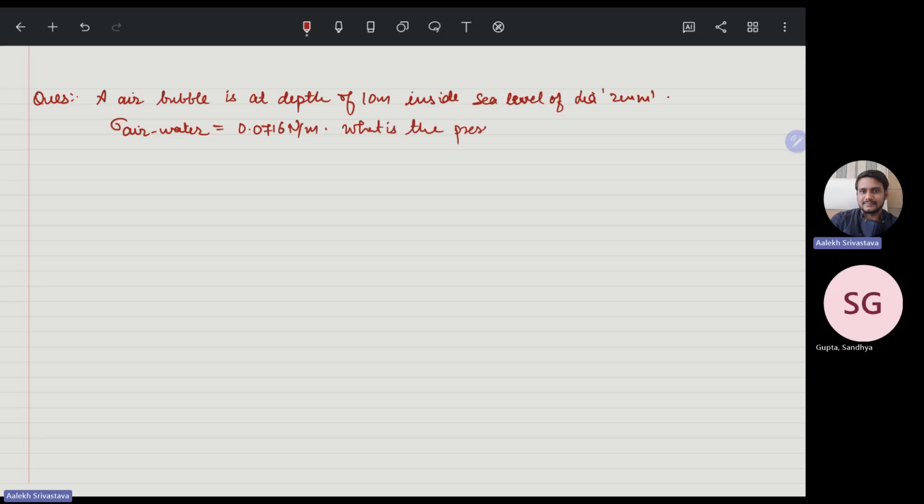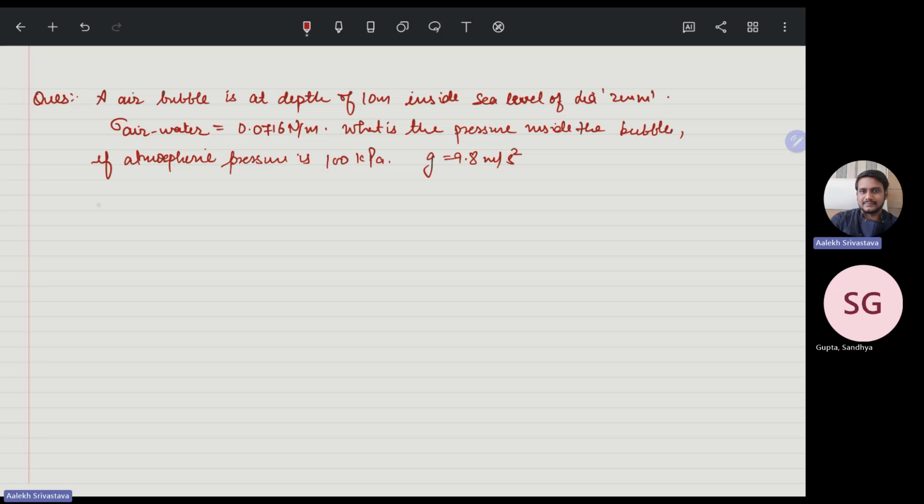what is the pressure inside the bubble if atmospheric pressure is 100 kilopascal and your g value is 9.8 meter per second square.